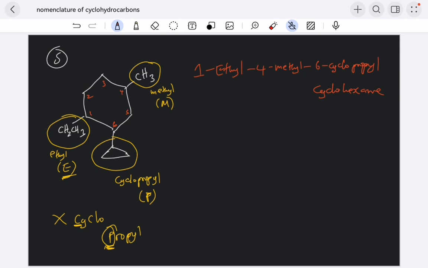So that will be the full name of this particular compound. Let's look at one more example.